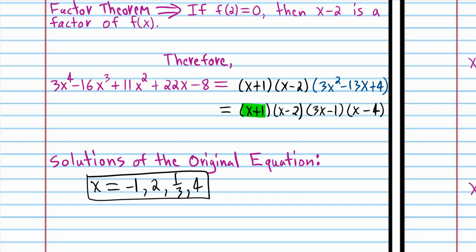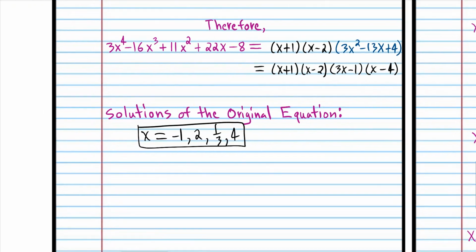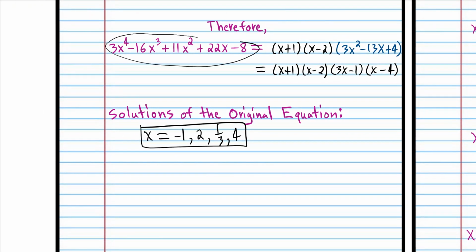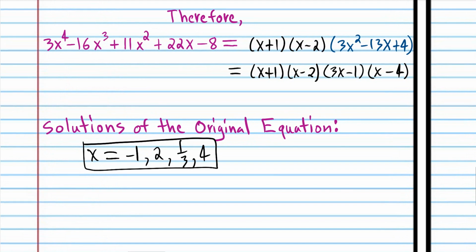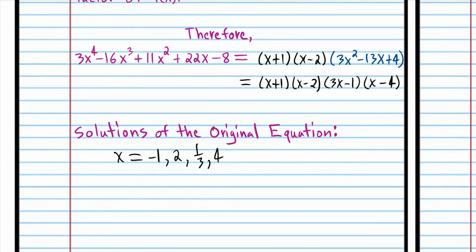And what that means is we can see the solutions to the polynomial equation. Because again, we set the polynomial equal to 0 in the equation. So if you plug in -1, you get 0. If you plug in 2, you get 0. If you plug in 1/3, you get 0. If you plug in 4, you get 0.